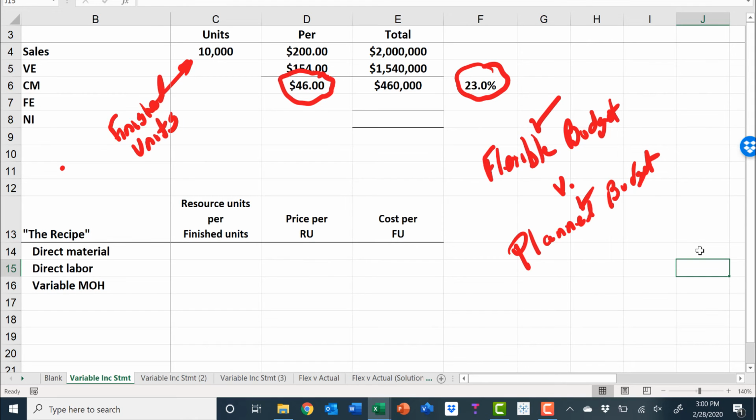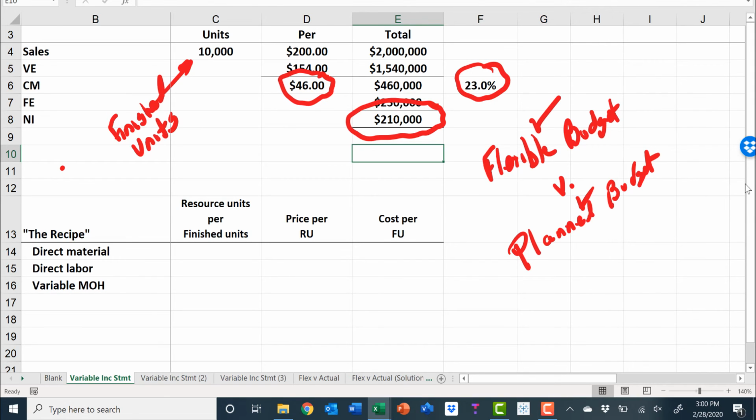And then finally, you're given in the problem that the fixed expenses were 250,000. And so as a result, I'm going to have an income number of 210. And at this point in the semester, that should be an easy setup for you in terms of the way you put these variable costing income statements together.